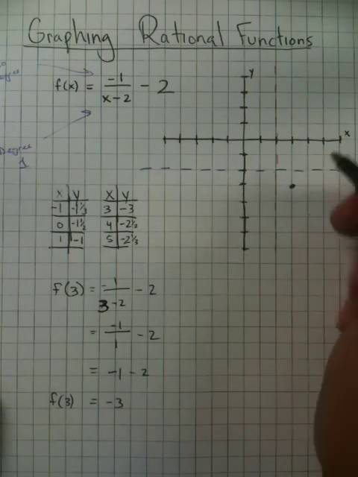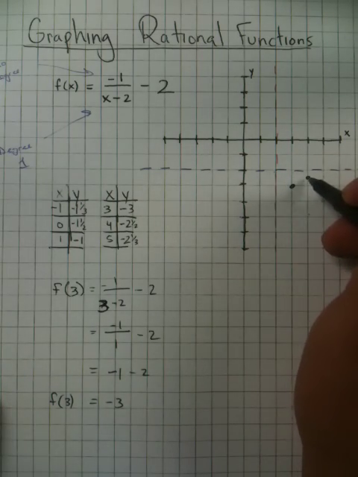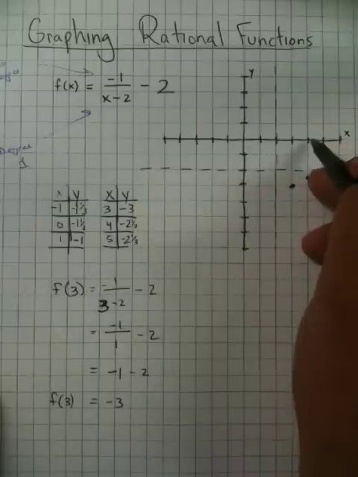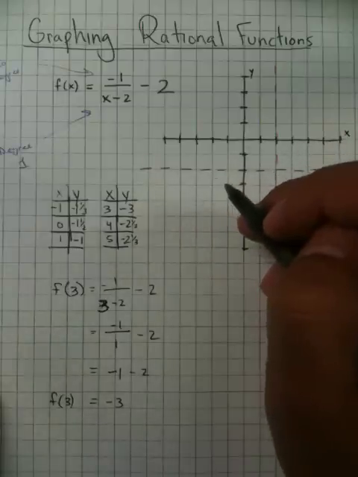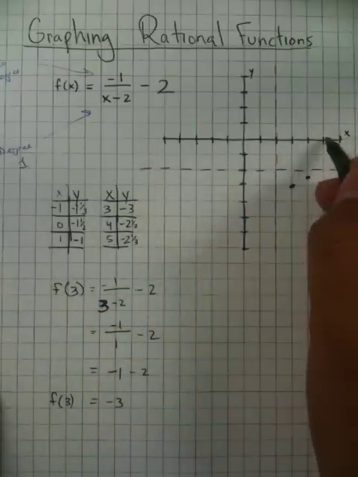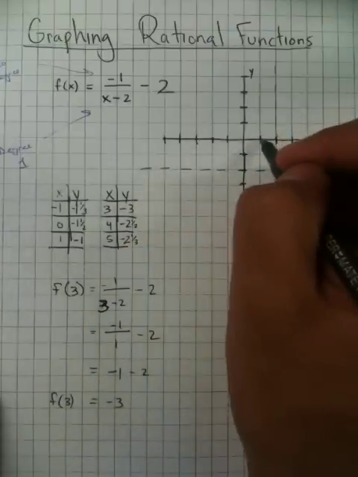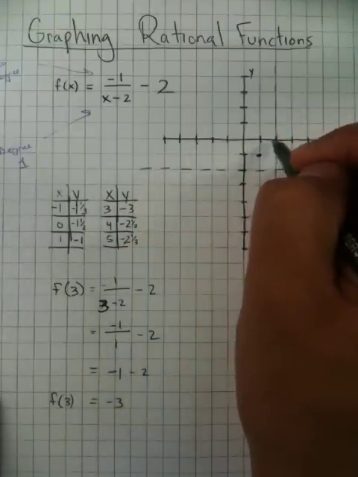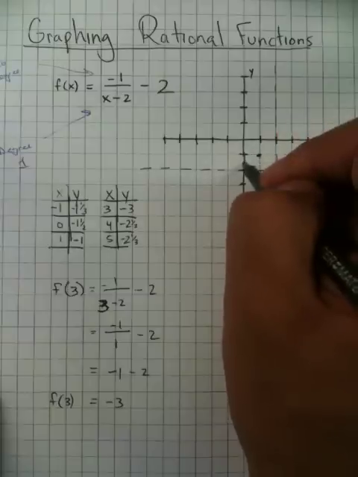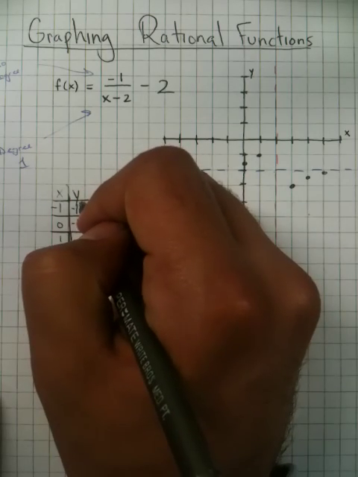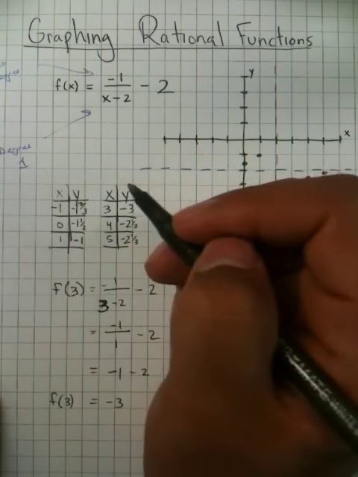All these points, one would be right here. There is the coordinate 4, 2.5 down, 5, 2 1/3 down. Over here, 1, -1, 0, -1.5, -1, -1 2/3.